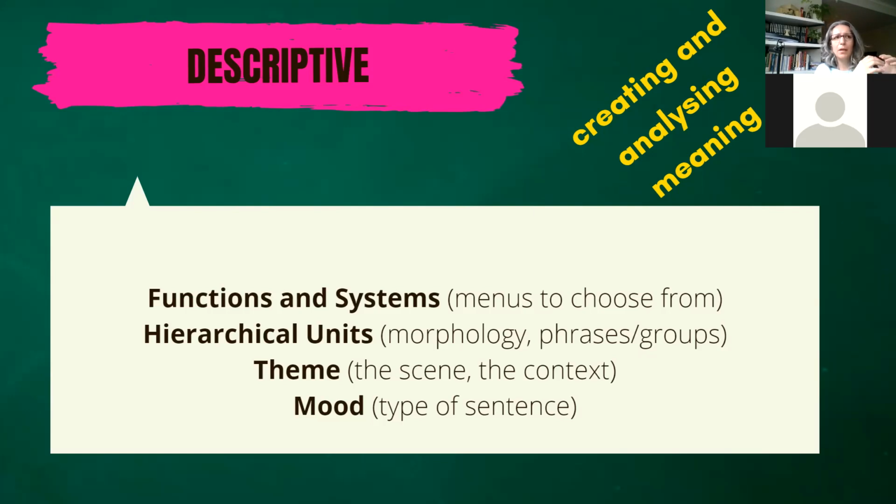So it looks at morphology a little bit more, and phrases and groups of words that are placed in hierarchy. And then the theme is the context in which the meaning is being formed, and the mood that you want to convey. So those are the descriptive aspects that fit with functional grammar, but it fits with descriptive grammar as well.